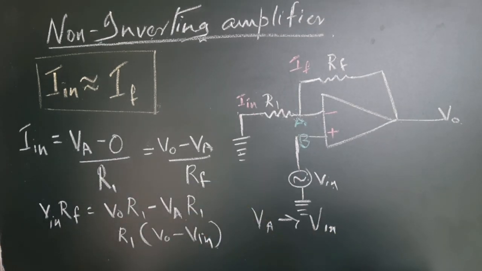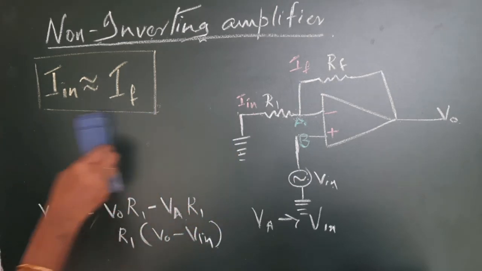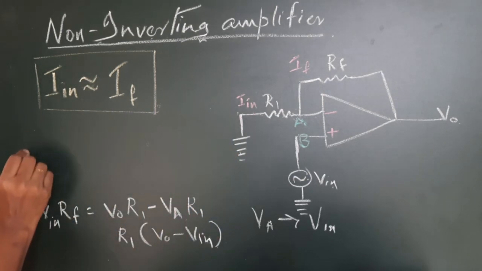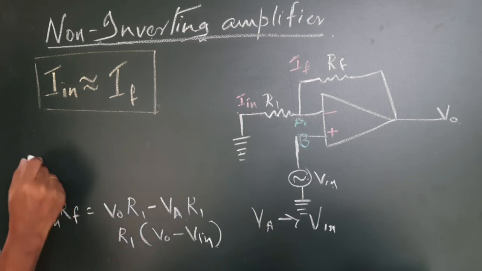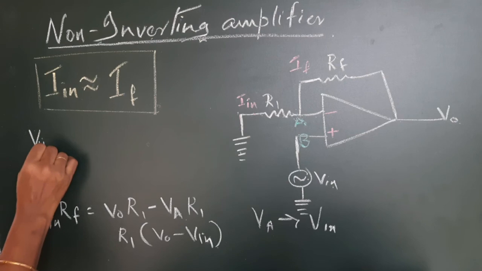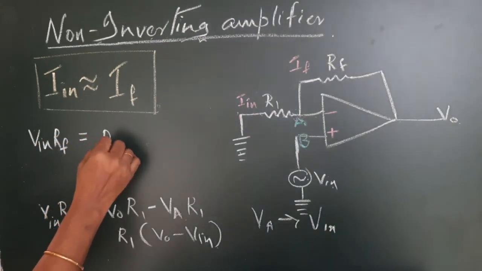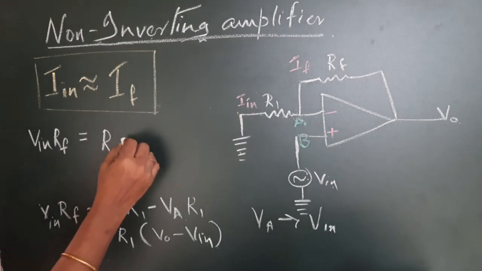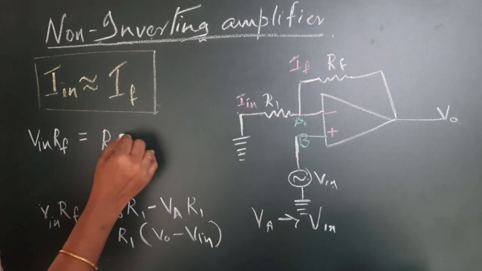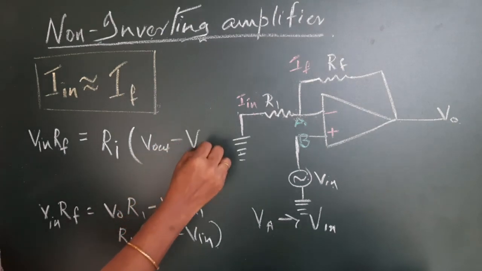Now we will continue this rearrangement and finally come up with V out by V in. So V in into RF is equal to R1, I have used both variables, times V out minus V in.